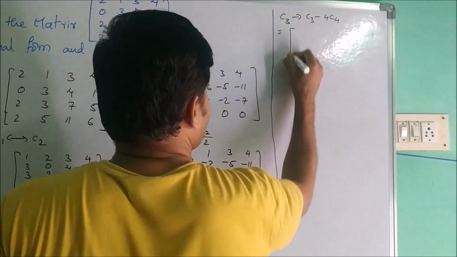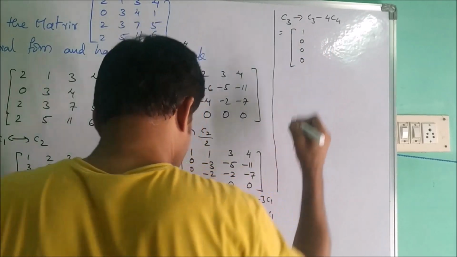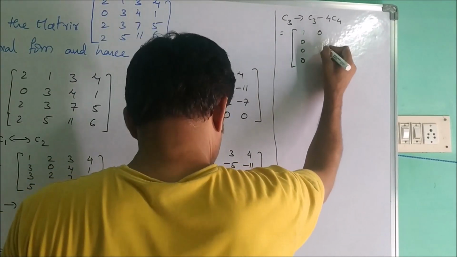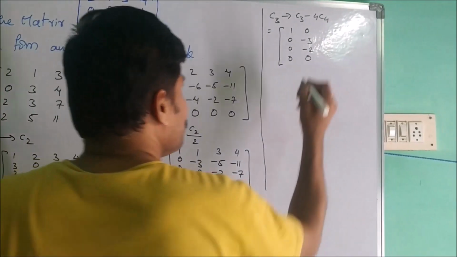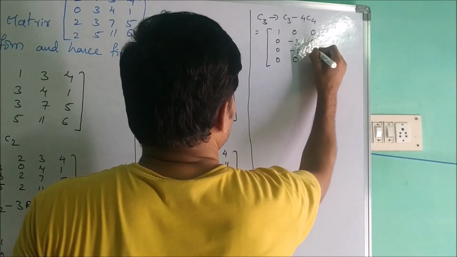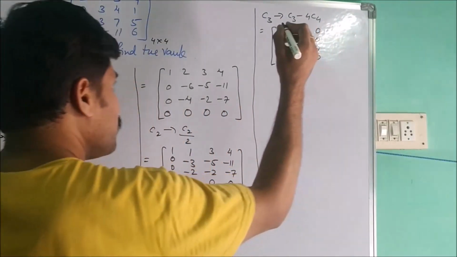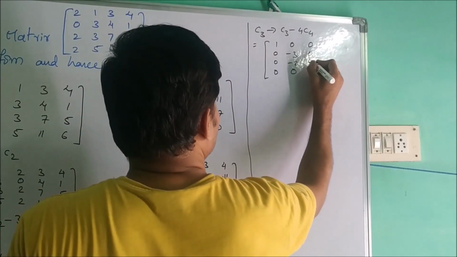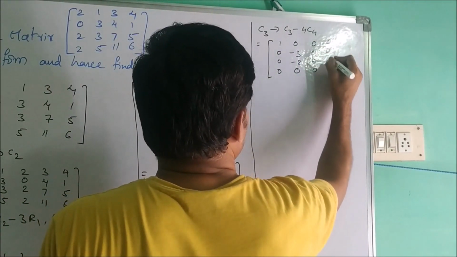Now the resultant matrix is: the first column does not change, the second column also does not change, the third column is 0, 0, 4, 0, wait, with this becoming 0. The fourth column is the same: 0, 0, 1, 0.